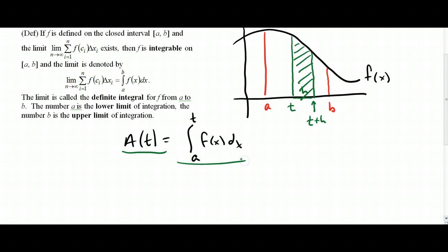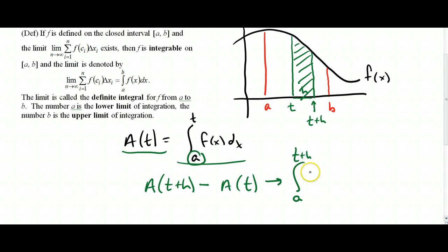this guy right here, and we need to use two of them because each one of them starts at a lower boundary of a. I'm not going to be going from t to t plus h. I'm going to use this idea that I'm going to go from a to t. Well, to give me that region then, we could find A of t plus h and subtract off A of t. What that's giving us, my integral from a to t plus h of f of x dx.